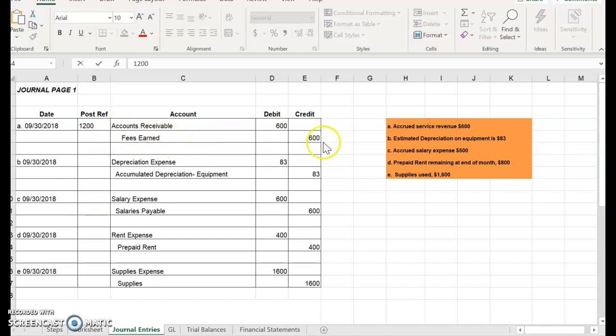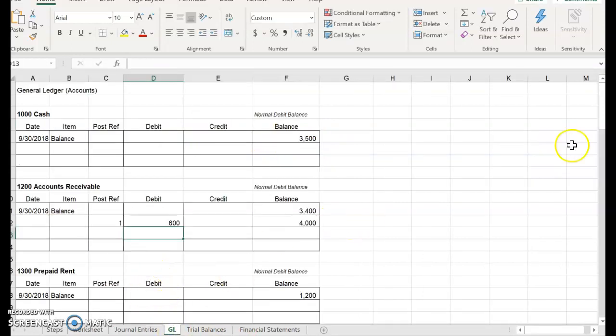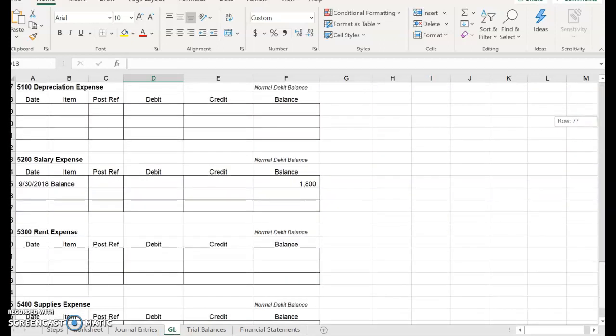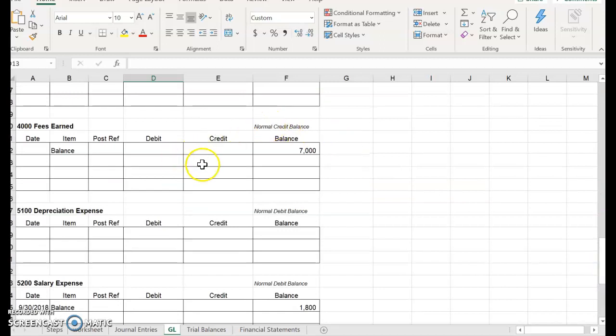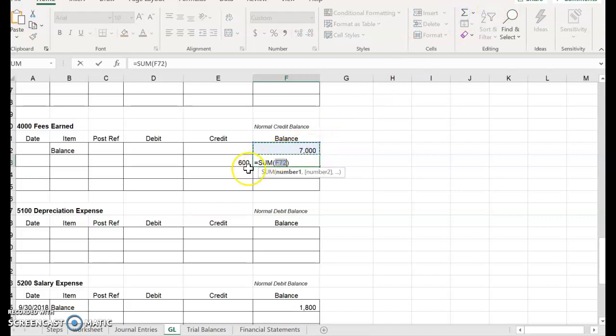Okay, I credited fees earned for $600, so I go to my general ledger and I find fees earned. And I credit it for $600, and I get my new balance of $7,600.